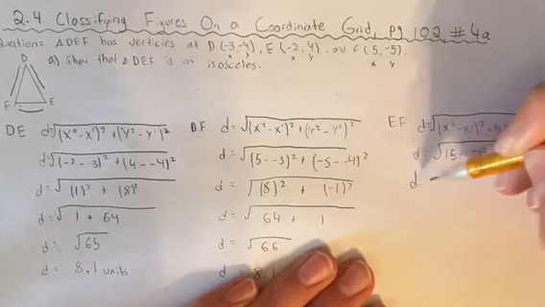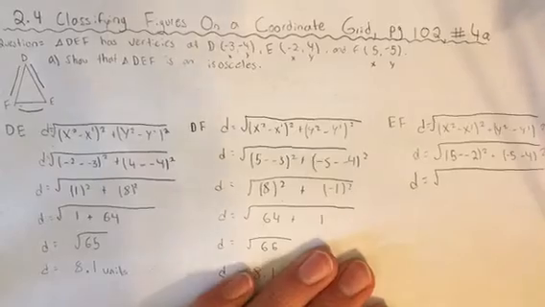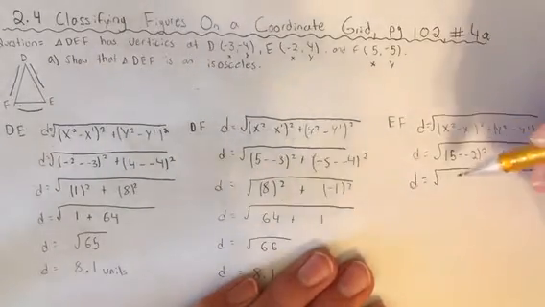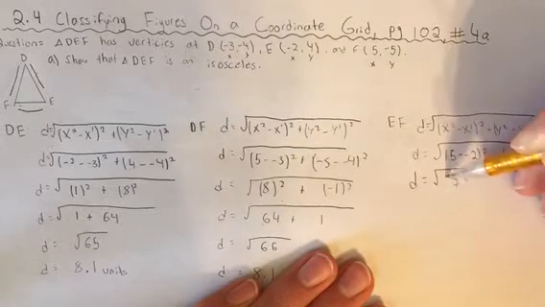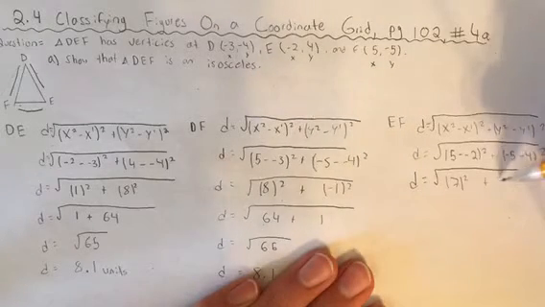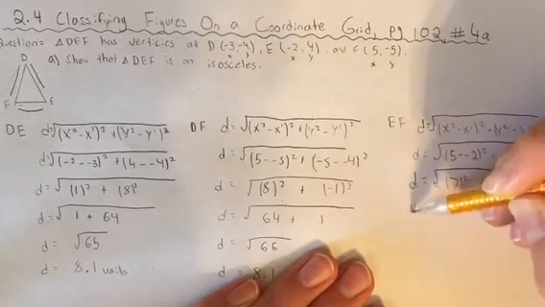Okay, so now distance equals 5 minus negative 2, which equals 7, to the power of 2, plus negative 5 minus 4, which equals negative 9, to the power of 2.